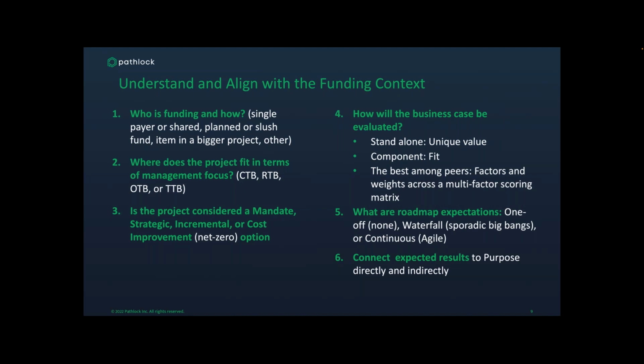When the external auditors say that if you don't get this fixed, we're going to have to mention it in your 10Q or 10K, that creates a funding opportunity, if you will, that is independent of running, optimizing, or transforming the business.